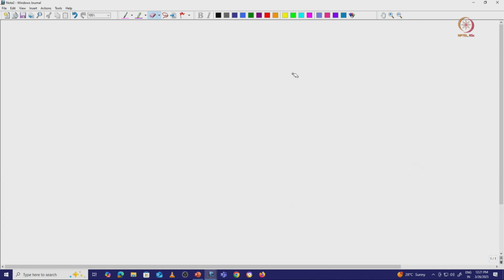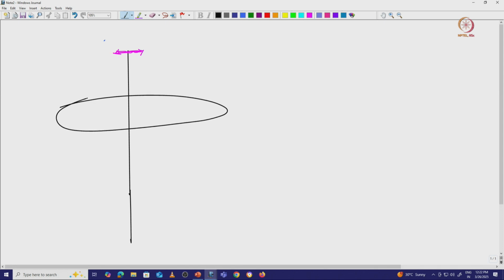So here, first let us draw the optical axis. Now let us draw an object. So this is our object. Rays can come from any side. In this particular case, our lens system is somewhere here.